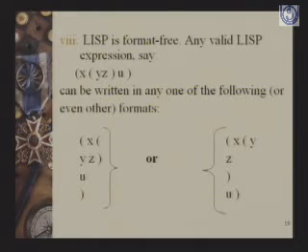Another very peculiar characteristic of Lisp is that it is format free. Format free means when you want to write an instruction or any expression in Lisp, it can be spread over any number of lines you like, because sometimes from the point of view of reading by a human being, the expression can be better expressed if it is spread in a particular format.